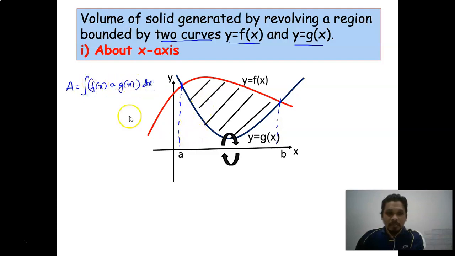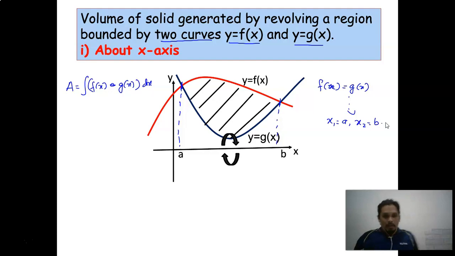dx. But before we substitute values of x from a to b, we need to find the intersection points by setting f(x) equal to g(x), until we get x1 equal to a and x2 equal to b.